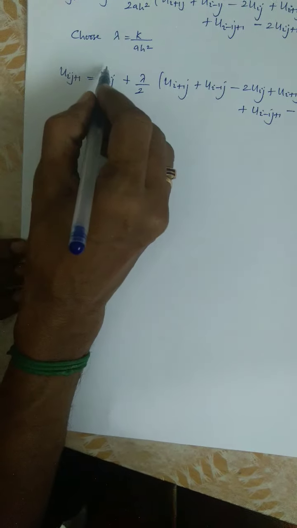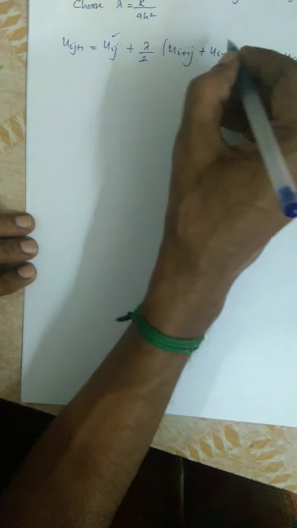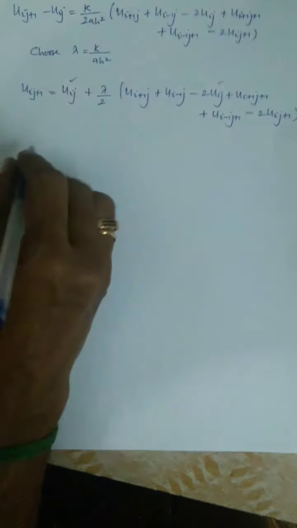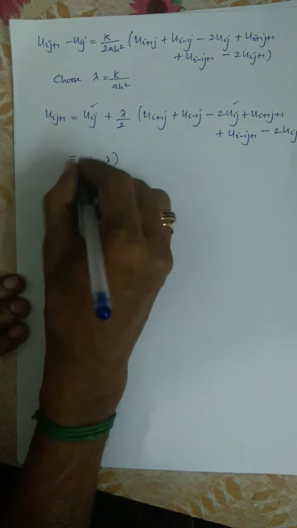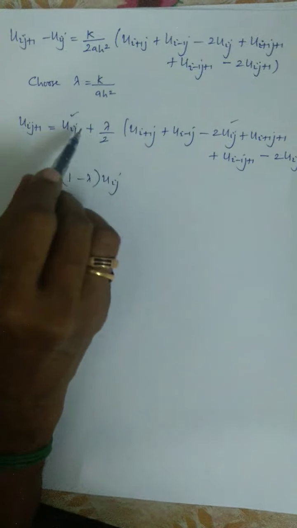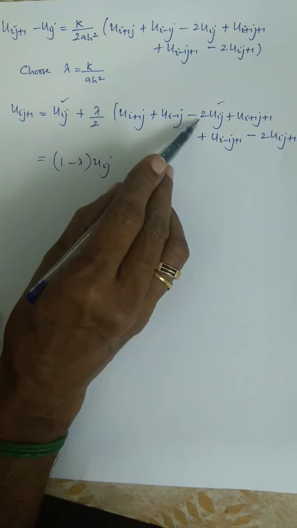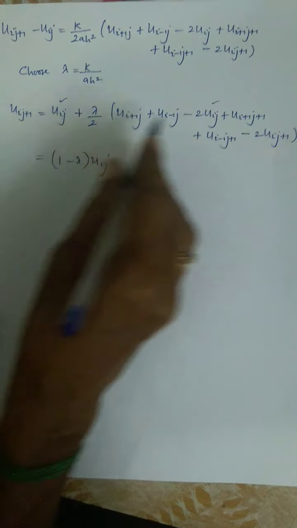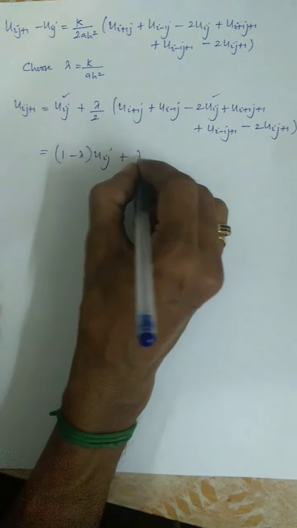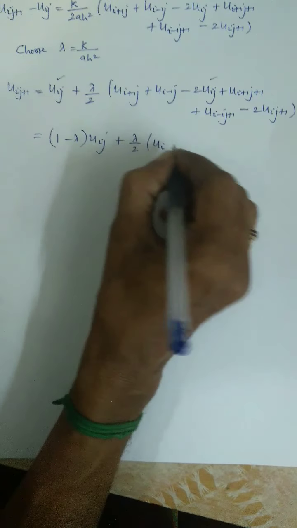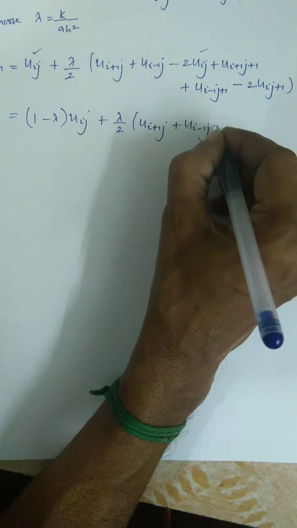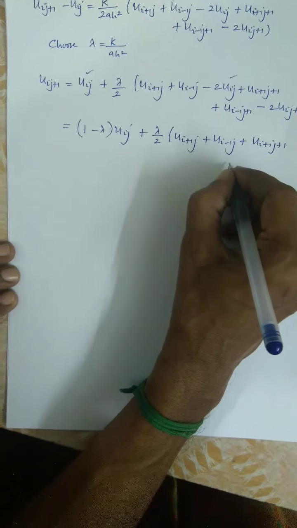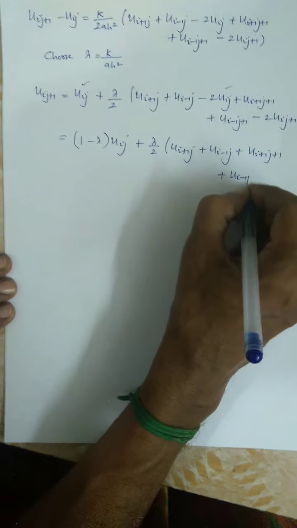Now I am going to combine U_ij and these two terms, so you'll get 1 minus lambda times U_ij. Hope you are able to understand. Lambda by 2 multiplied by minus 2 is nothing but minus lambda, so these are combined. The remaining terms I'm going to take straight away: lambda by 2 times (U_i+1,j + U_i−1,j + U_i+1,j+1 + U_i−1,j+1).